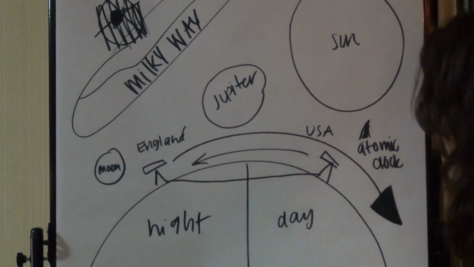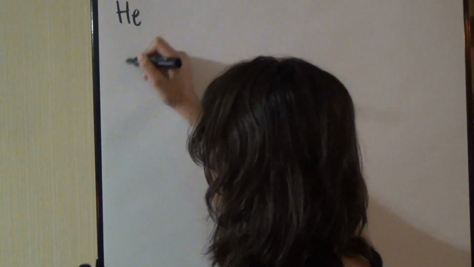I'm going to try to blend some chemistry with this. Hydrogen is H. He is helium. Iron is Fe. Gold is Au. Chloride is Cl. Okay.